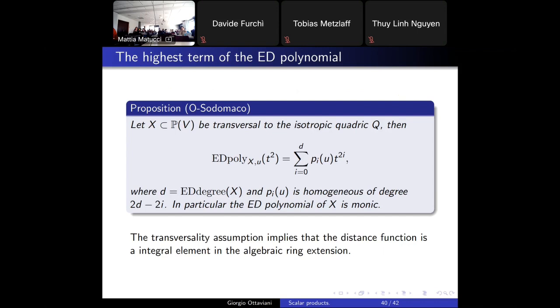So in particular, the leading coefficient has degree 0, and then is constant, and so the ED polynomial is monic. So you can interpret it by saying that in the algebraic ring extension, the distance function is an integral element because it's a solution of a monic equation.